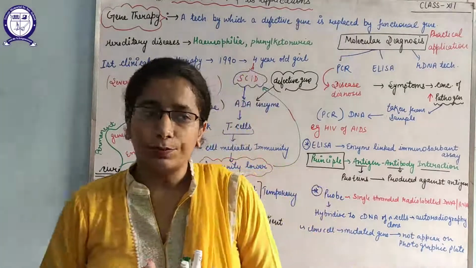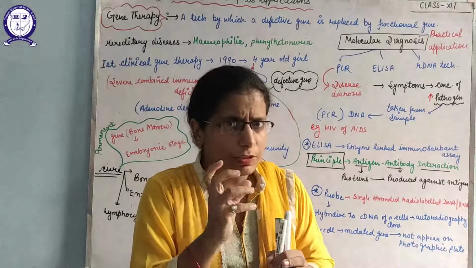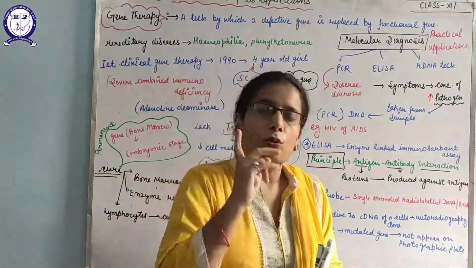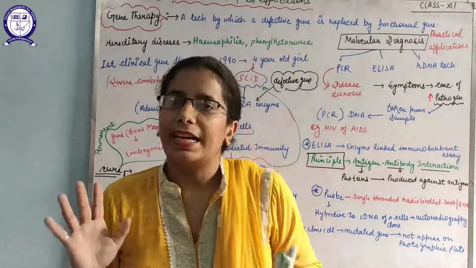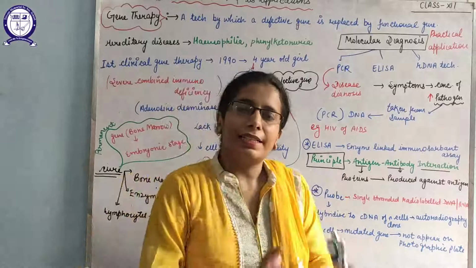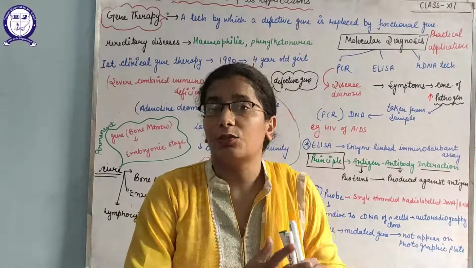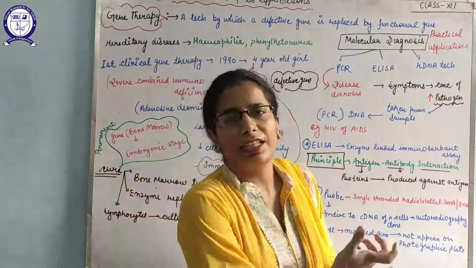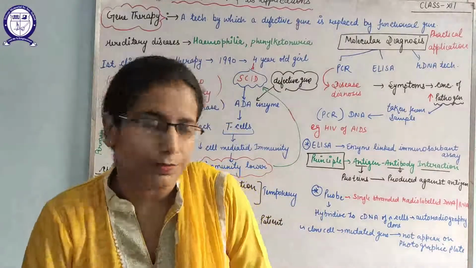Then they find that a specific antigen antibody complex forms only in one test tube, not in the others, because only one type of antibody is produced against a specific antigen. And if an antigen antibody complex forms, it changes the color of the sample in the test tube. Then they can easily distinguish what type of antibody is produced against a specific antigen.